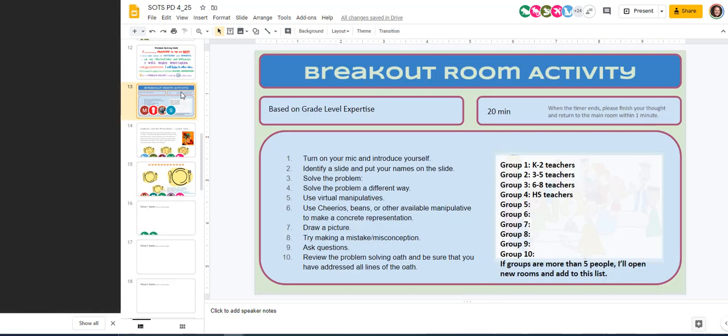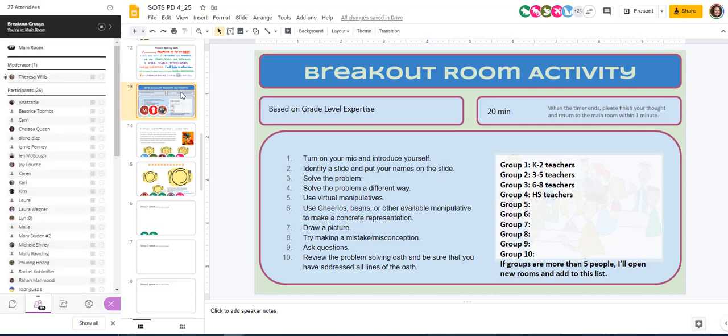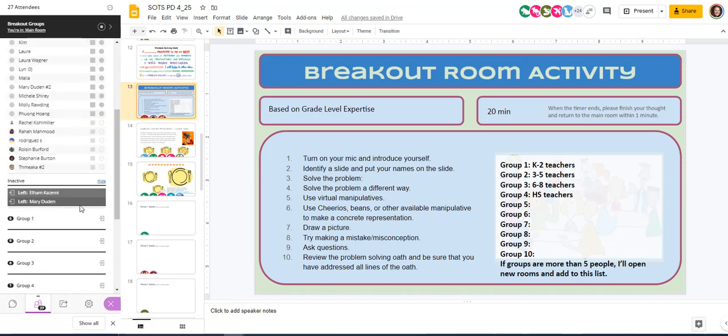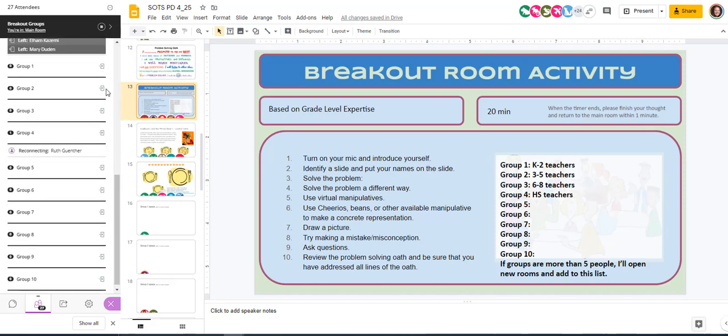If you are a K-2 teacher, I'm going to have you go to group 1. A 3-5 teacher is group 2. A 6-8 teacher is group 3, and high school teachers are group 4. You're going to move yourself. The way that you'll do that is in Collaborate.